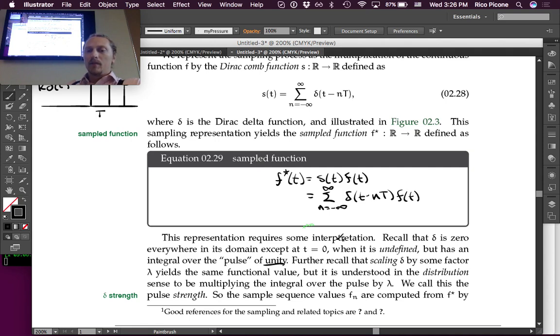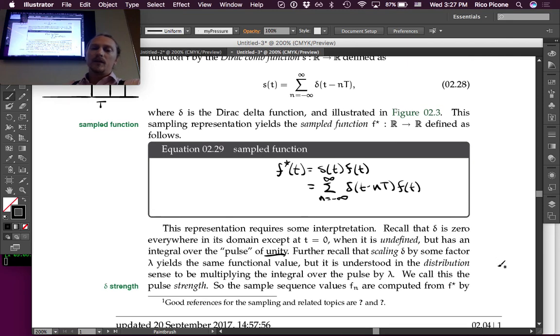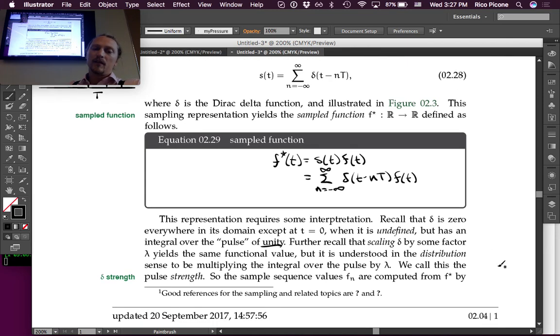Unity is 1. Further recall that scaling delta by some factor lambda yields the same functional value, but is understood in the distribution sense to be multiplying the integral over the pulse by lambda. We call this the pulse strength.